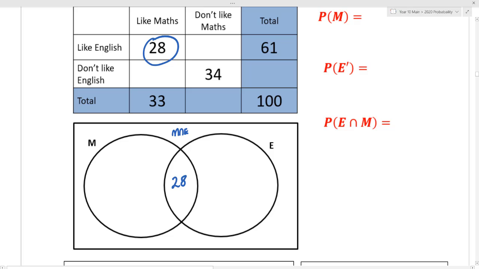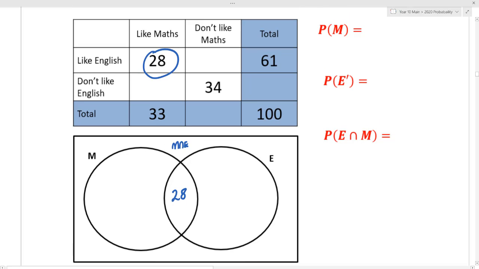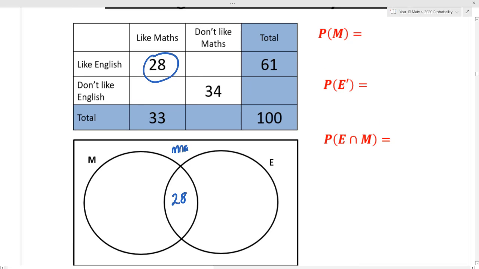All right, and I'll show you why it gets a bit confusing in a moment. We've got a total of 61 people who like English, over there on the right-hand side. So how many people like English but don't like maths?